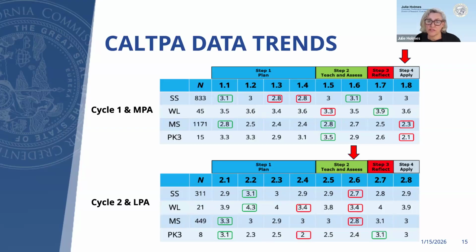So looking at single subject, an N of 833 candidates. Rubrics 1 and 6 had the highest mean score. And again, we're looking for 3 and above. 3 meets the TPEs. We start scoring at level 3. So they did really well on those 2 rubrics.